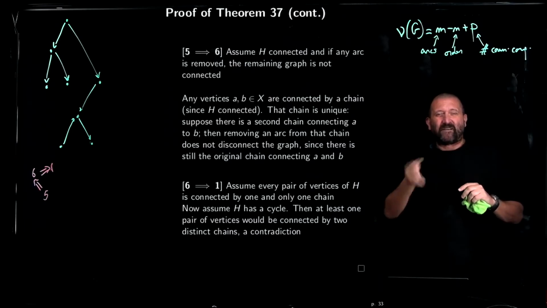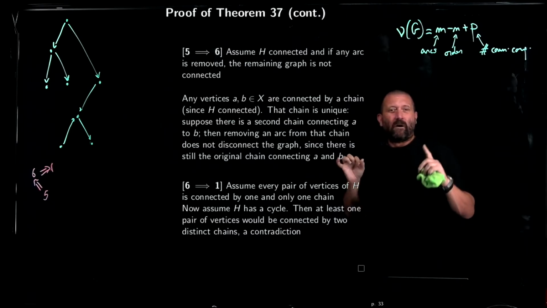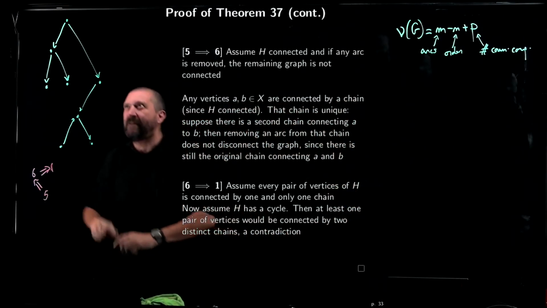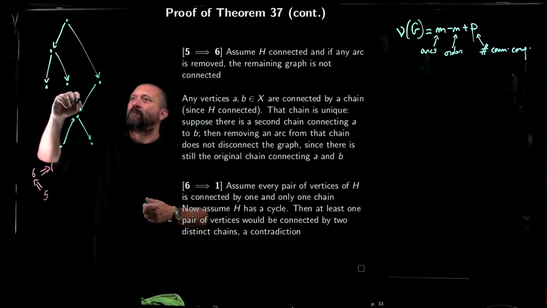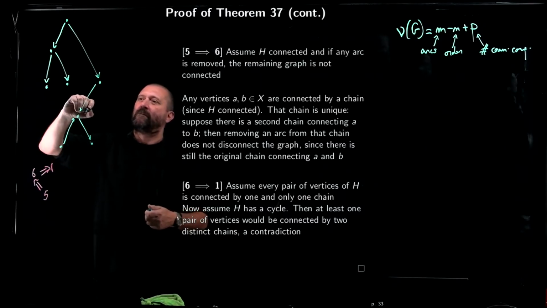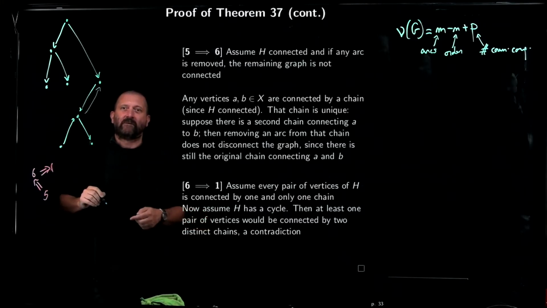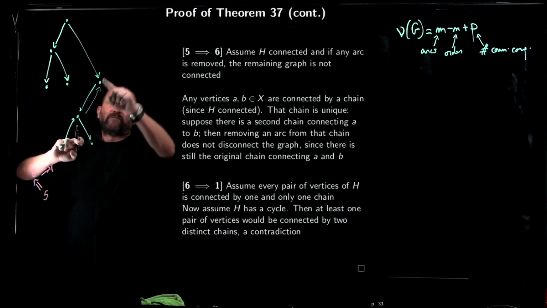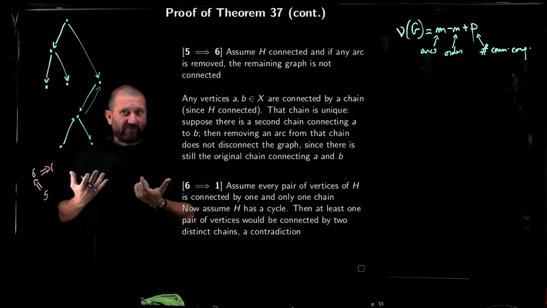But that means that if I remove one of those ways, so say there's another way here, say like this, like so. Okay, so I could follow this arc or I could follow that arc. So there are two chains.